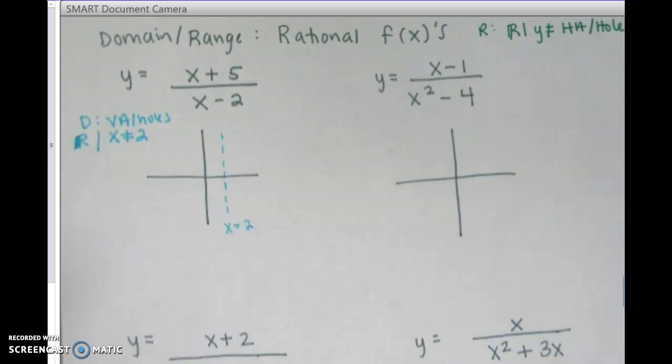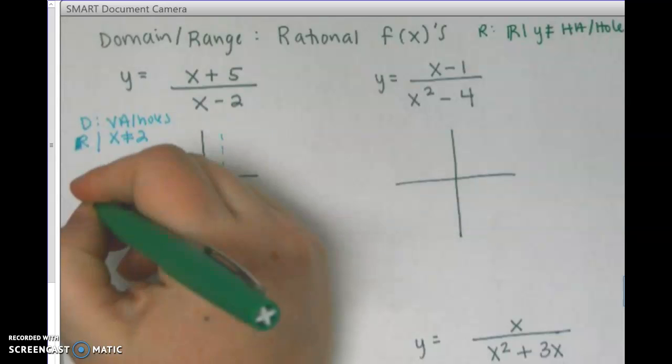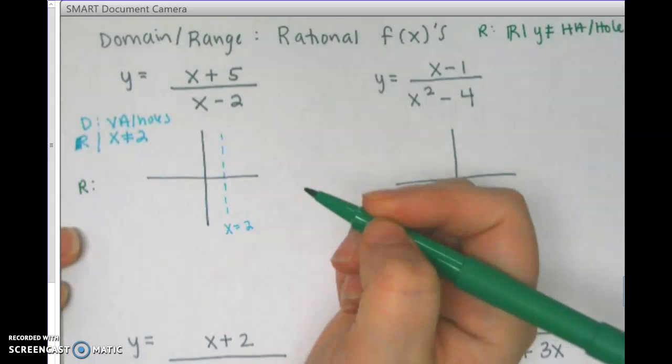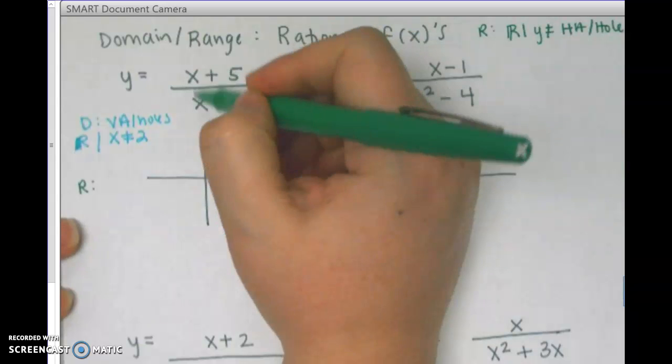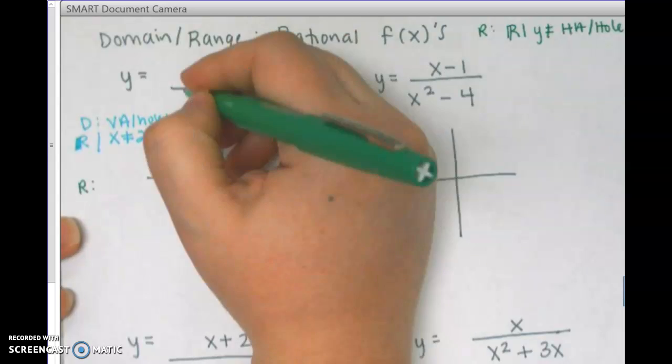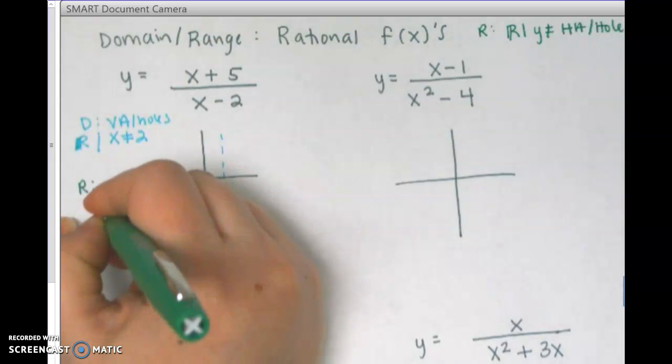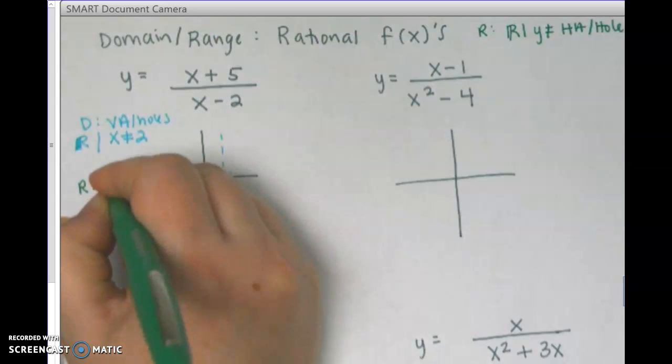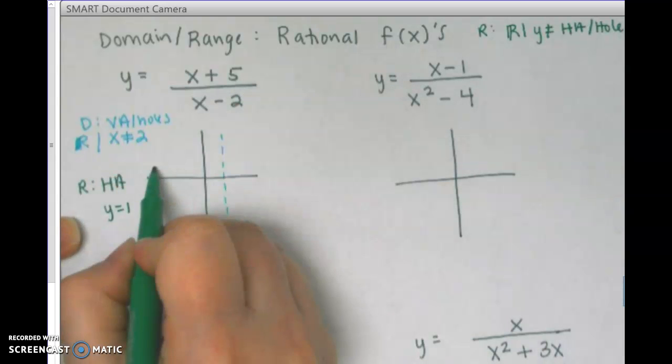That's it. The range looks at the horizontal asymptote. So that's when we're deciding if this is top heavy, bottom heavy, or equal. This is equal. It's the same. So 1 over 1. I have a horizontal asymptote when y is equal to 1.